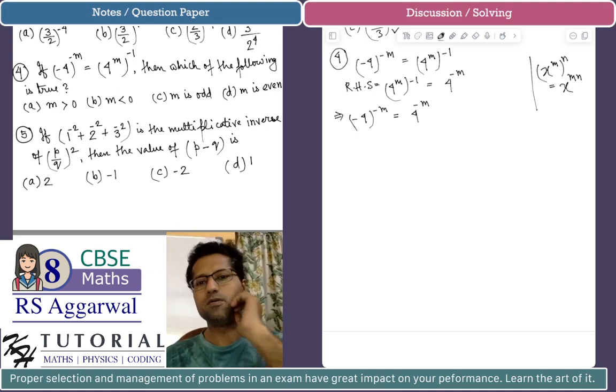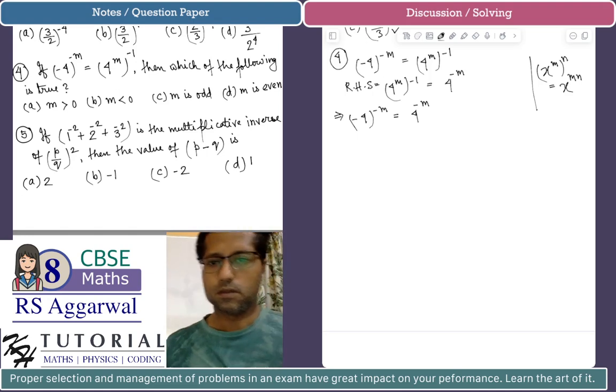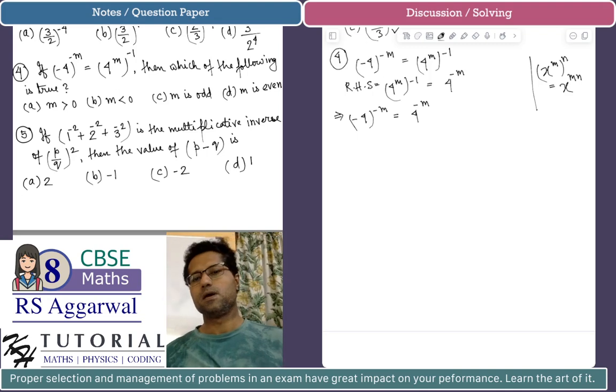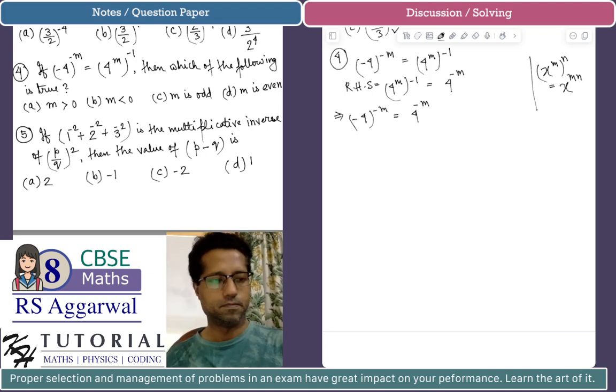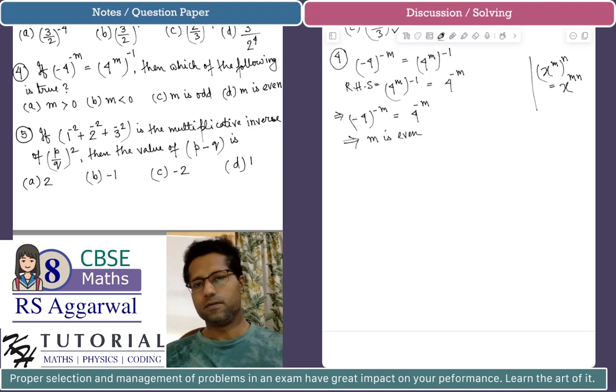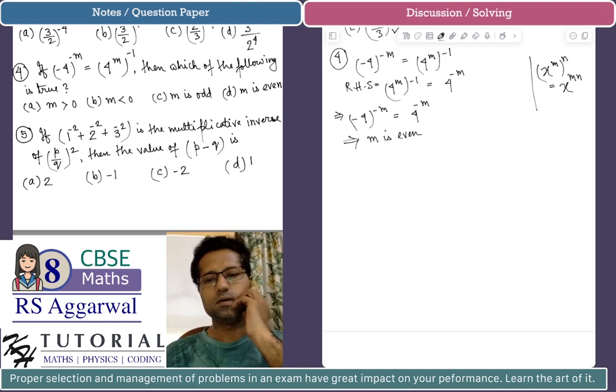Now we can see the powers are the same. Both the powers, minus m, are the same, but the bases are different. One is negative of the other. So this will only be true only if m is even.